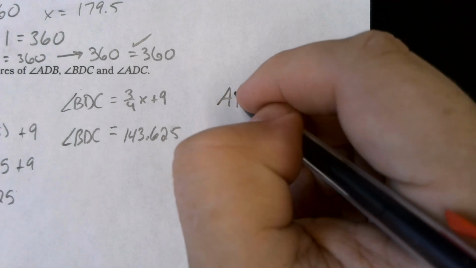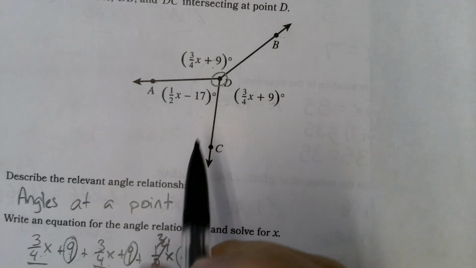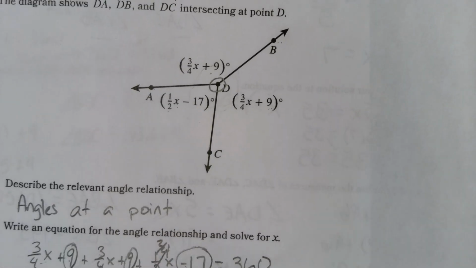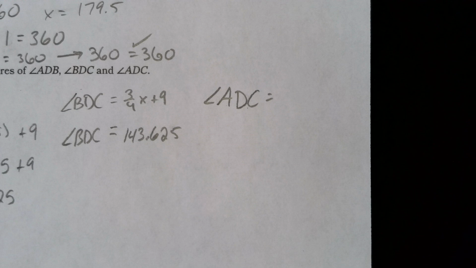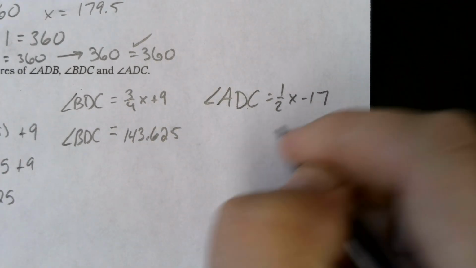Angle ADC is the last one we're going to find, and that has a measurement of 1/2 x minus 17. So I have 1/2 x minus 17.